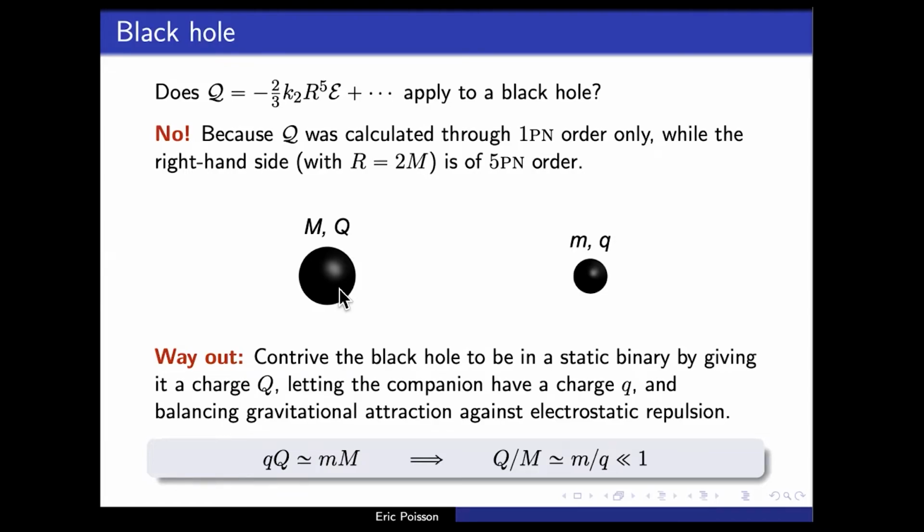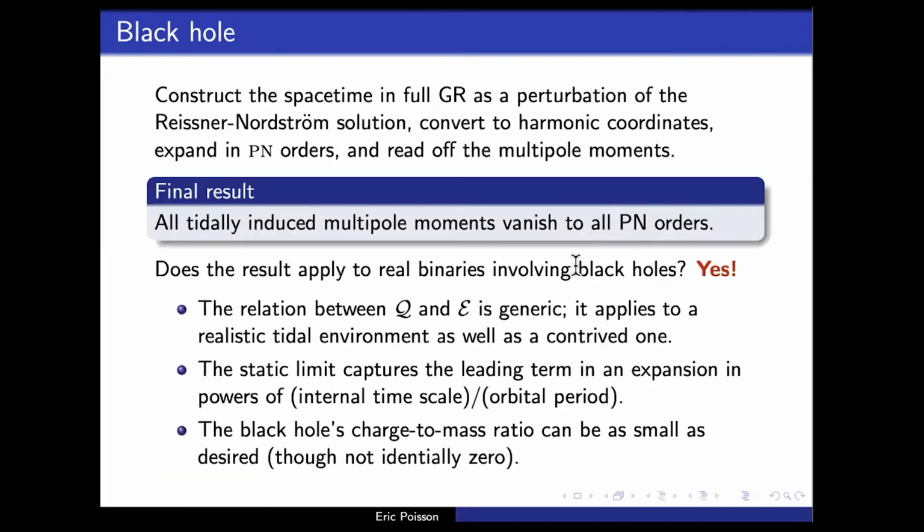So instead of going back to the post-Newtonian picture, here I'm embracing the full GR aspects of this, and I'm saying that this new static binary is going to be calculated as a perturbation of the Reissner-Nordström spacetime. It's still going to be linearized perturbation theory in GR, but now it's carried out to all orders in post-Newtonian theory because I no longer need to assume that the separation here is large.